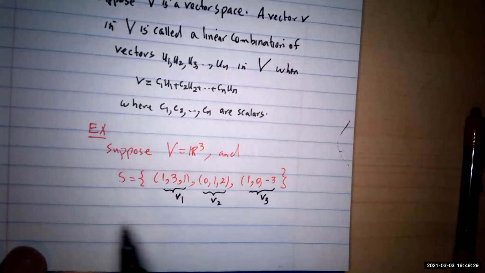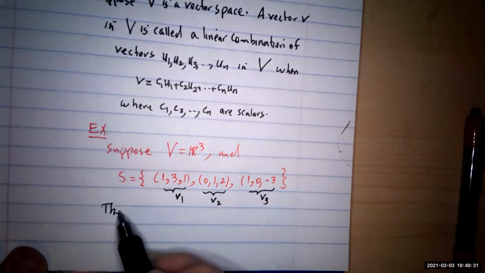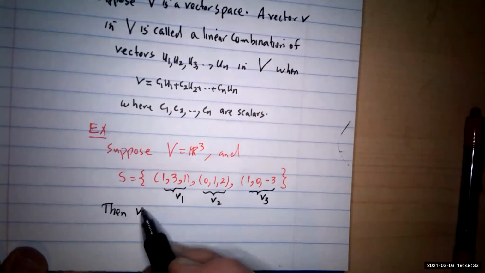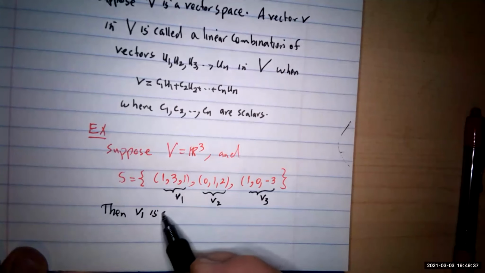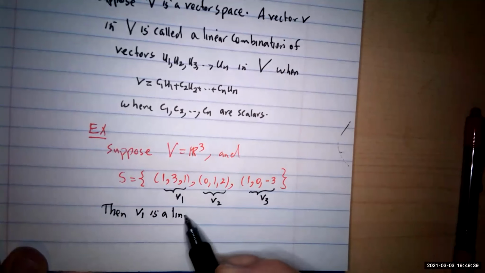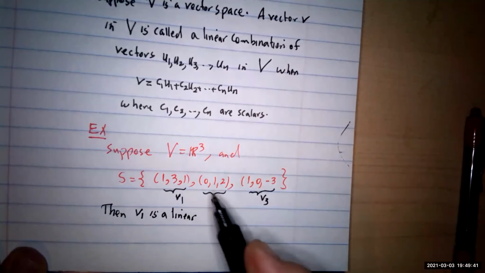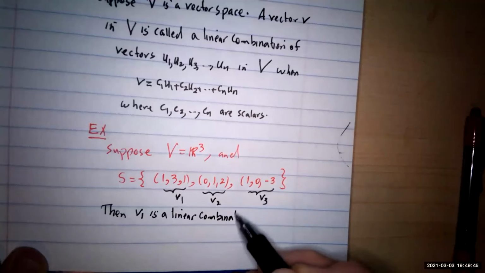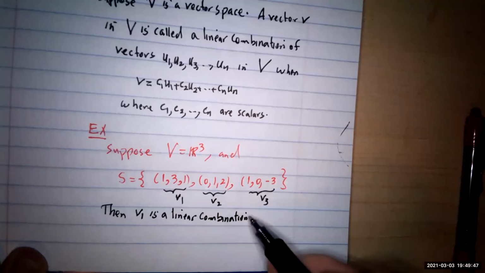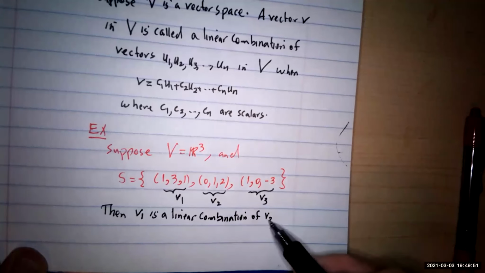If this is the case, then, for example, we can arrange it so that V1 is a linear combination of the other two, of V2 and V3.